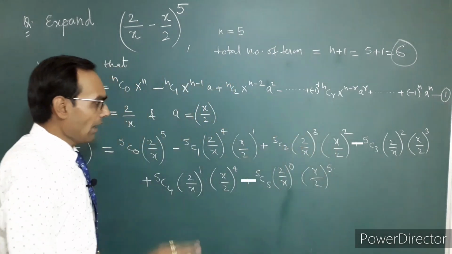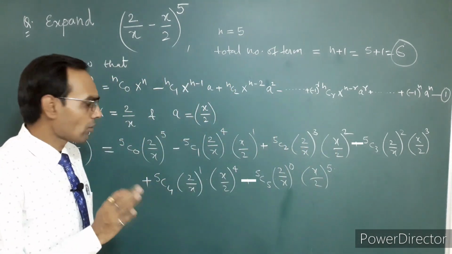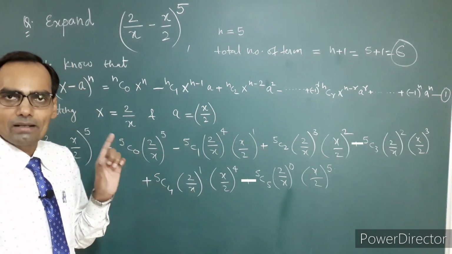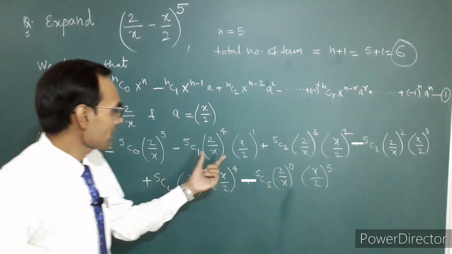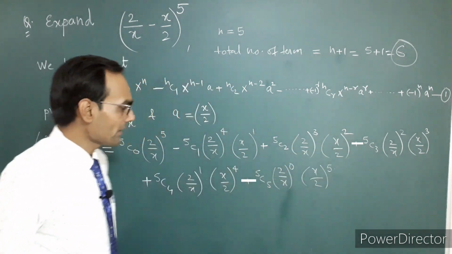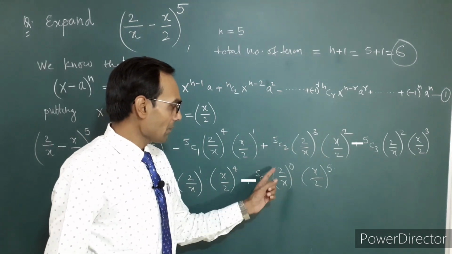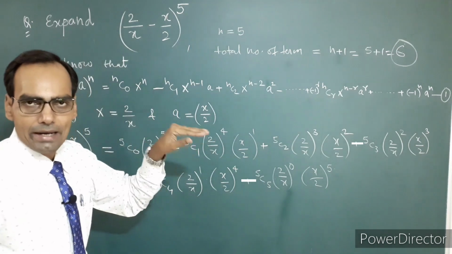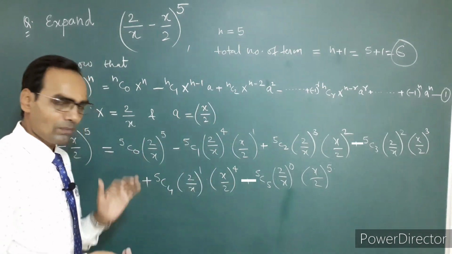See that our expansion ends here, because this expansion contains a total of 6 terms: first, second, third, fourth, fifth, that is 6. When the power of capital X becomes 0, we have reached the last term of this expansion.